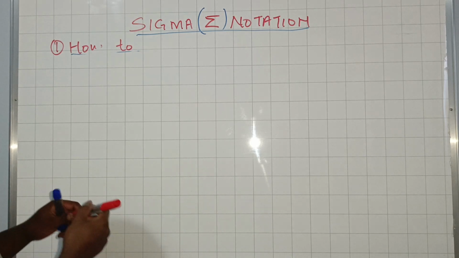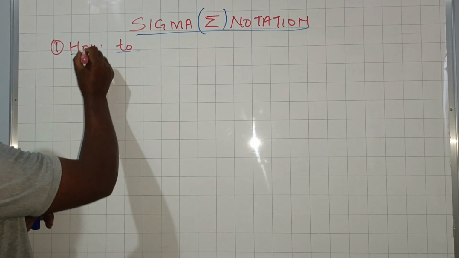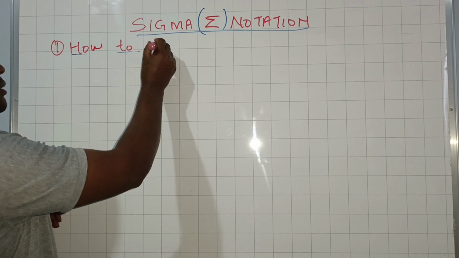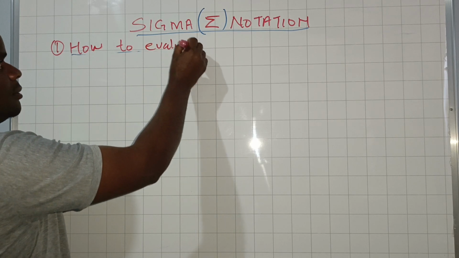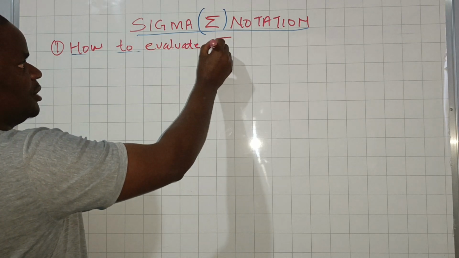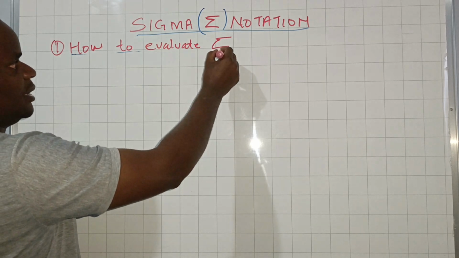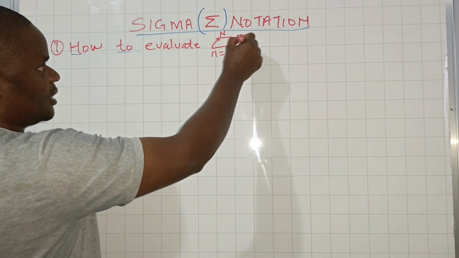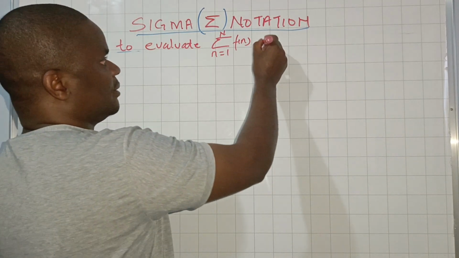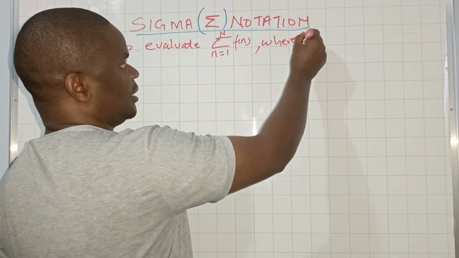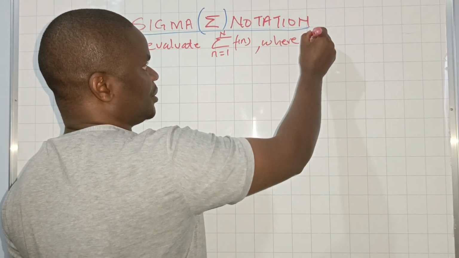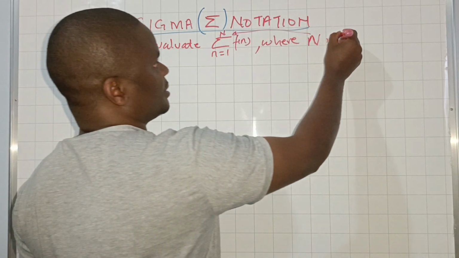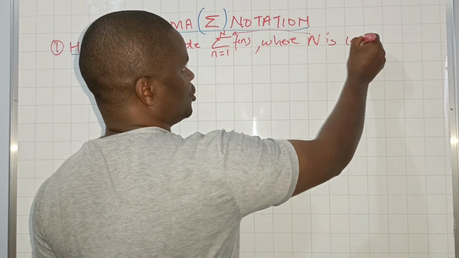The second objective is going to be how to evaluate the summation from n equals 1 to capital N of a certain function where N, capital N, this value here is large.